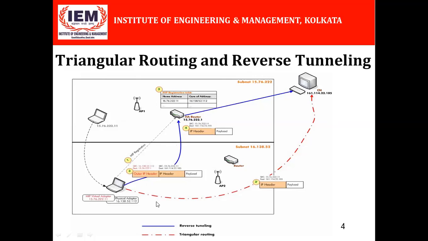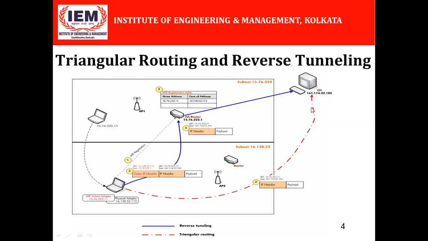What about triangular routing? In triangular routing, if this device wants to communicate directly to the corresponding node, how is it possible? It is possible because there is no more requirement of the home agent for communication. It can directly communicate because it knows the address of the corresponding node, and it may include its own basic fundamental IP address along with the destination address.